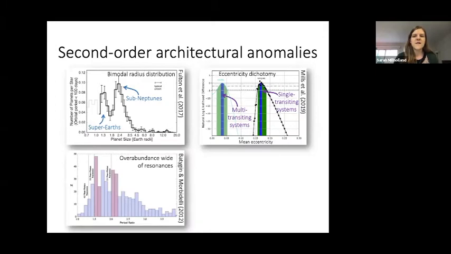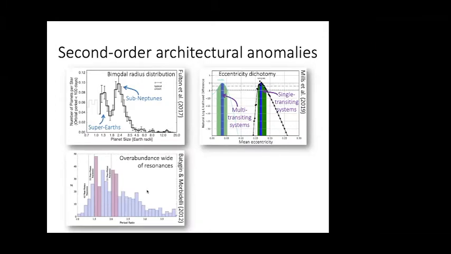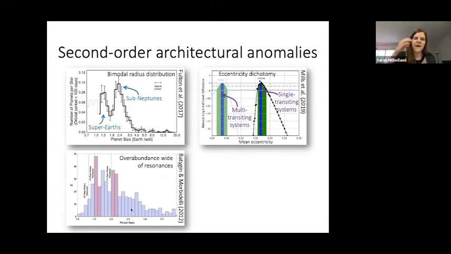Another architectural anomaly is if we look at the period ratios of adjacent planets in multi-planet systems and take a histogram over all of those different period ratios, we see that this distribution is smooth overall, but there are interesting pileups just wide of a 3:2 and 2:1 period ratio, and these are called the first order mean motion resonances.